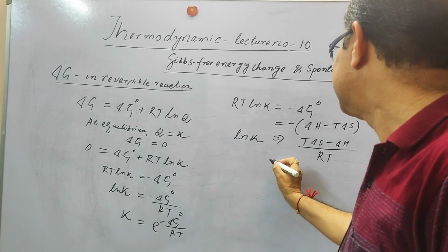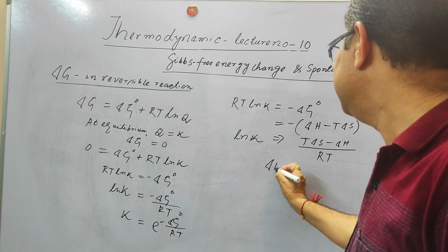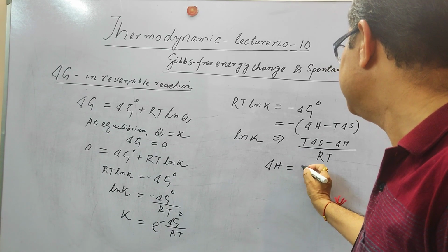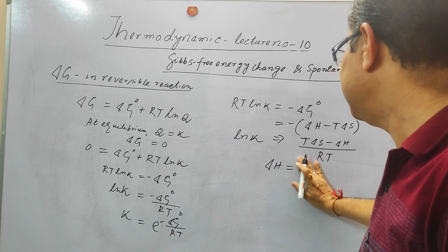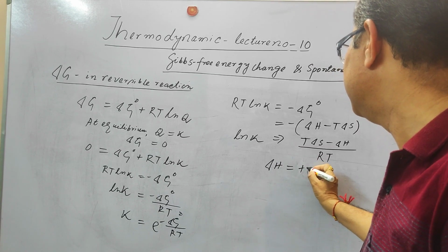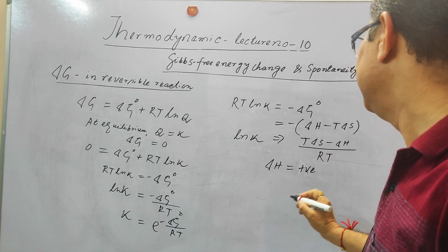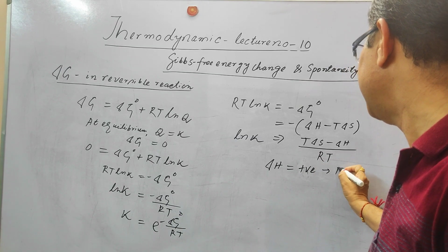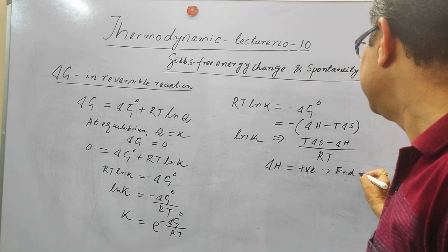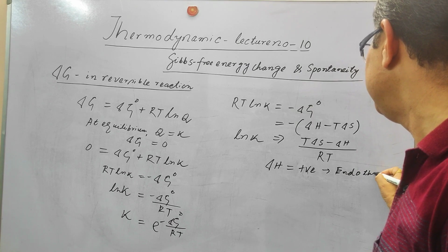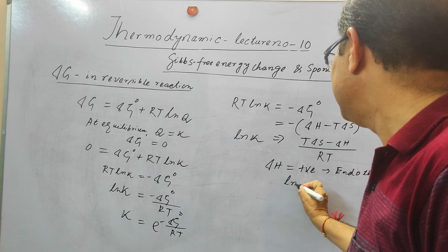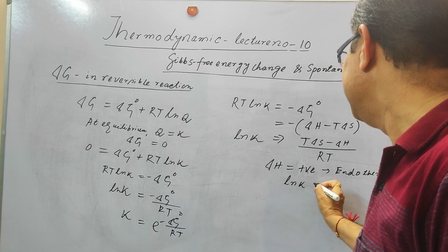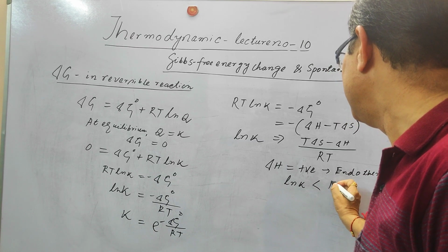When delta H, that is the enthalpy, is positive, it means endothermic, highly endothermic. In that case, what is going to happen? The K value, ln K, will be less than 1.